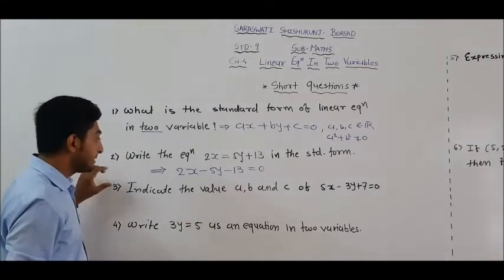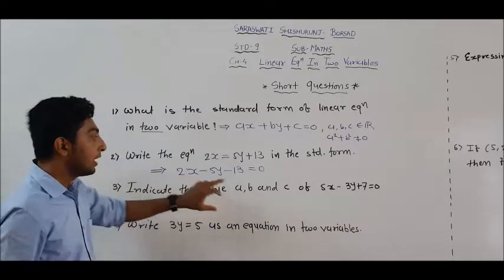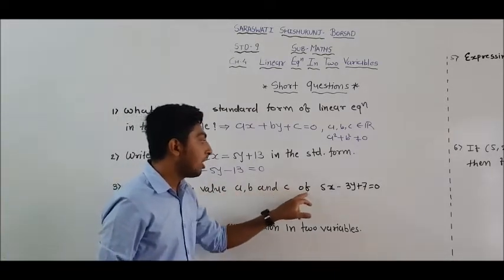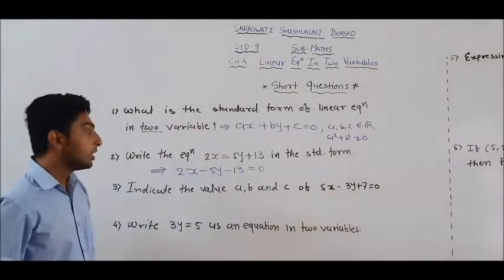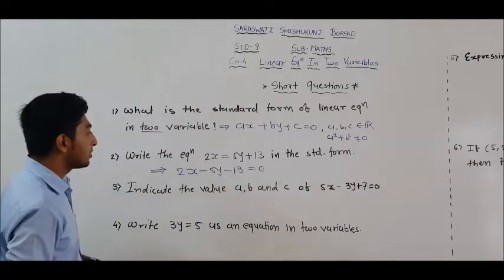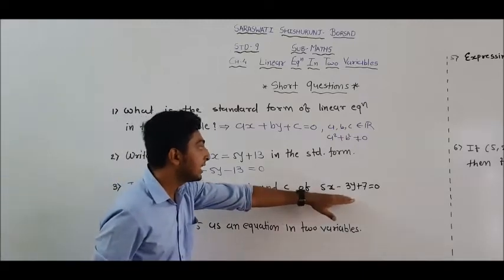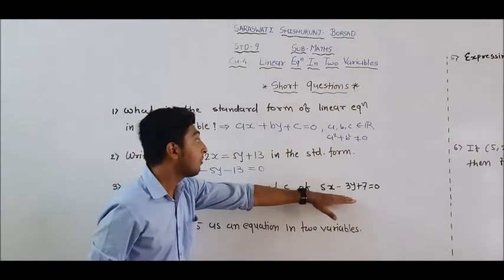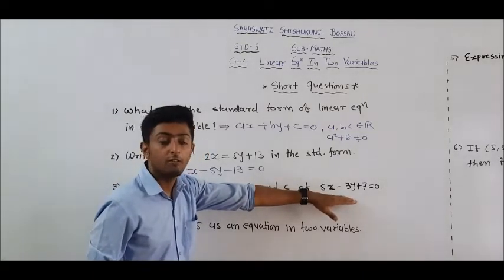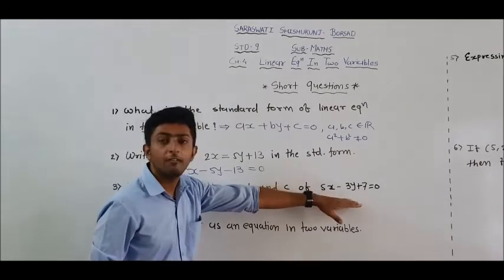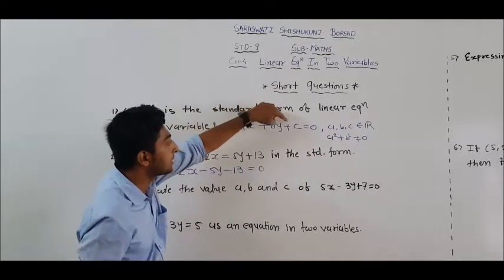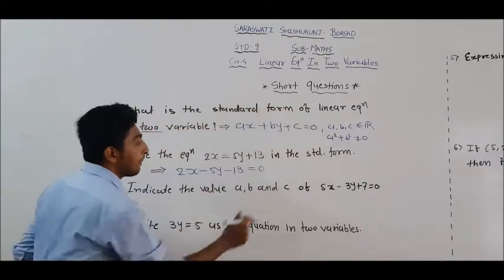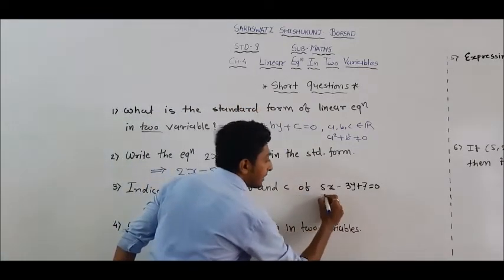Another question is, indicate the values of a, b and c of 5x minus 3y plus 7 equal to 0. First of all, you need to compare this equation with the standard form of a linear equation in two variables. What is the standard form? Here, ax plus by plus c equal to 0. So let us compare.